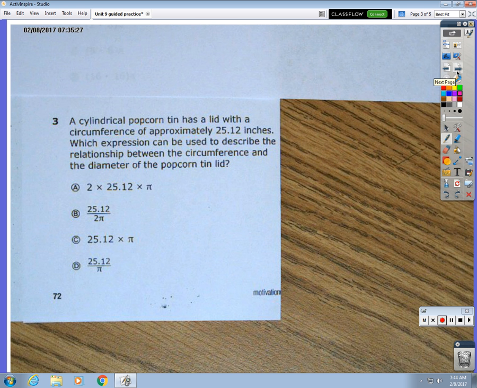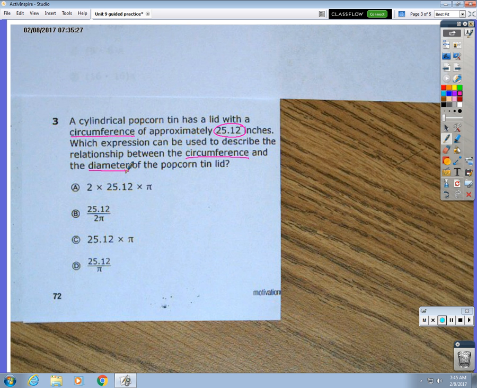On to number 3. A cylindrical popcorn tin has a lid with a circumference of approximately 25.12 inches. Which expression can be used to describe the relationship between the circumference and the diameter? So now we're looking at the circumference and the diameter of the popcorn tin lid.